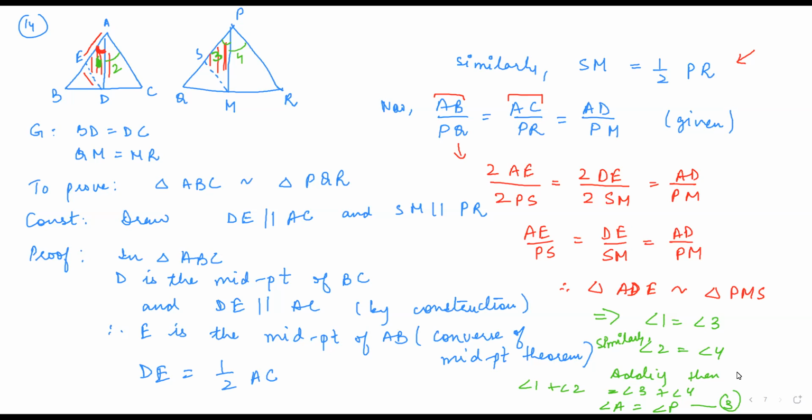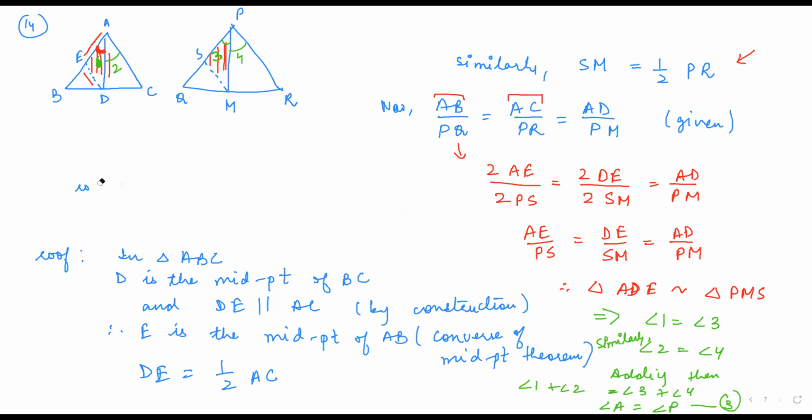Now come back to your triangles. So if I just erase a little bit from here, can I erase this much? Yes, ma'am. So now I come back to my original triangles, ABC and PQR. Now in triangle ABC and triangle PQR, what do I have?